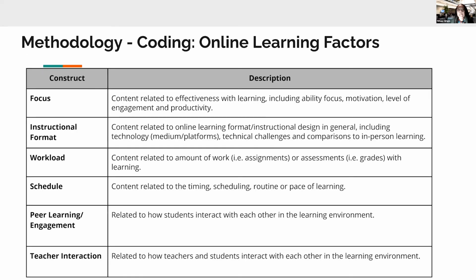So here's an example of our code book. I won't go into too much detail, but I will just say that within certain constructs, this is the case for the online learning factors as well as the negative and positive emotions. We did have to group many items together.